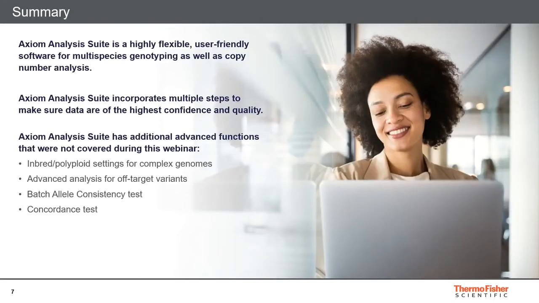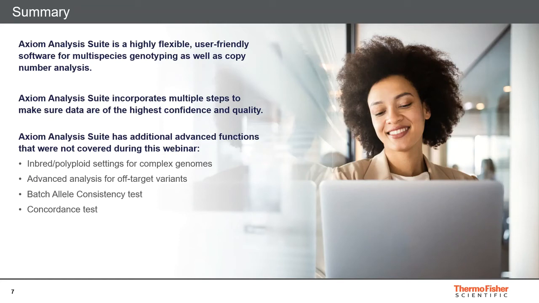This covers all the basic functionality in the Axiom Analysis Suite that I wanted to highlight in this webinar. As a summary, Axiom Analysis Suite is a highly flexible, user-friendly software for multi-species genotyping as well as copy number analysis. Axiom Analysis Suite incorporates multiple steps to make sure data are of the highest confidence and quality.